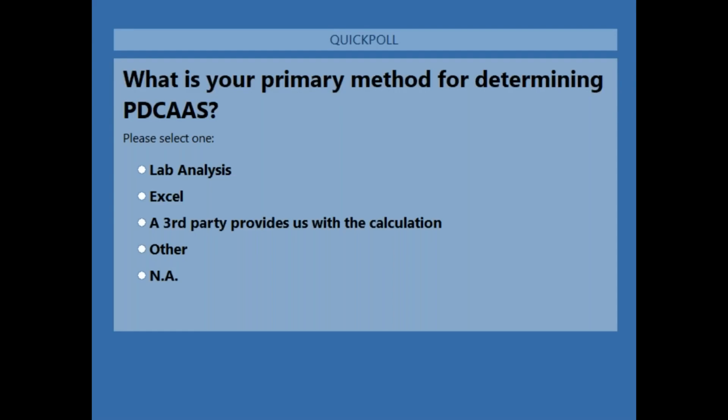We're sending out a poll right now, so you should be seeing that. Just let us know from the listed options, what's your primary method for determining PDCAAS? If you don't have one, send that response back to us. I think this is the first time we've ever sent out a poll during a webinar, so it's kind of fun. We'll give you just a few more moments for that. Just know that we greatly appreciate your participation and your feedback.